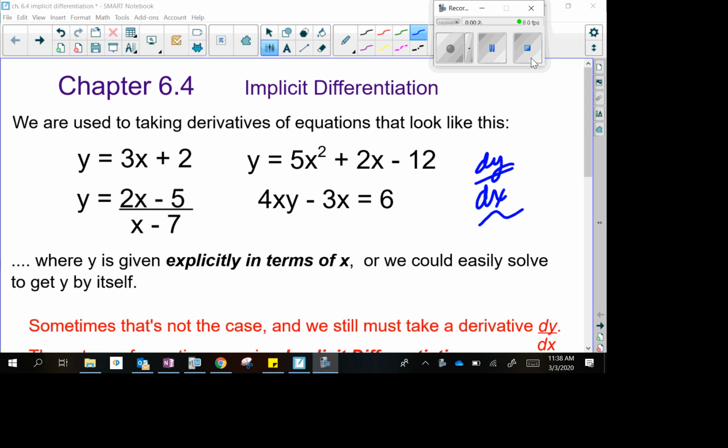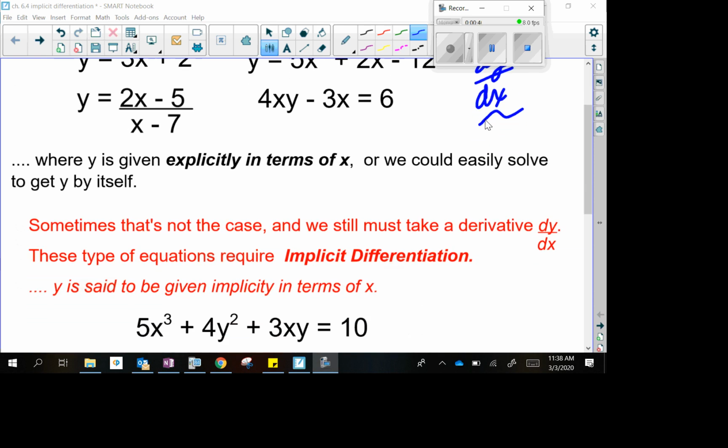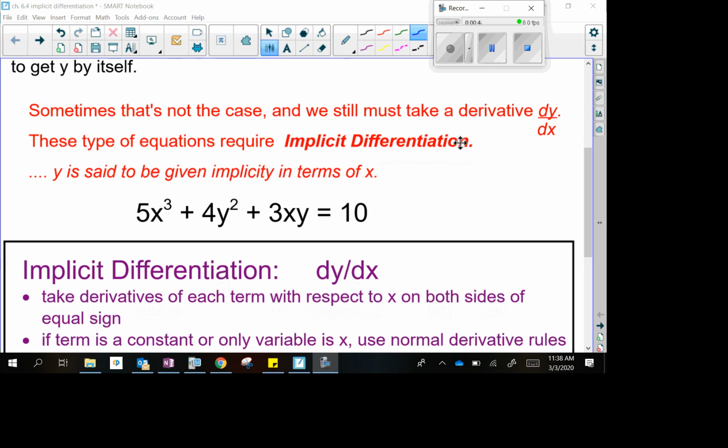But they're all examples of what we call dy/dx, where we're taking the derivative of y with respect to x, because x is the independent variable. So we can say that y is given explicitly in terms of x, or we could easily get y by itself. Sometimes that's not the case, and we still want to take a derivative, dy/dx, and we have to use implicit differentiation.